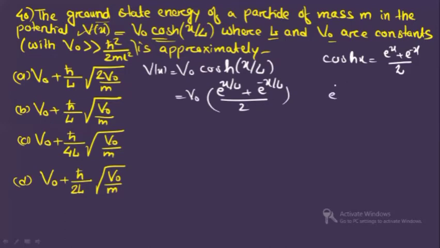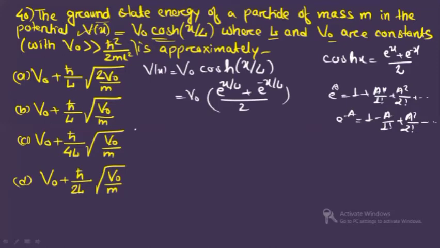Now exponential terms, how are we writing? e to the power a is equal to 1 plus a by factorial 1 plus a square by factorial 2 and so on. And for e to the power minus a, it will be 1 minus a by factorial 1 plus a square by factorial 2 minus, and so on.